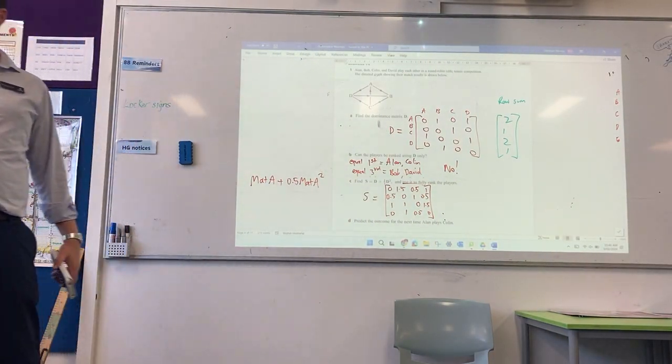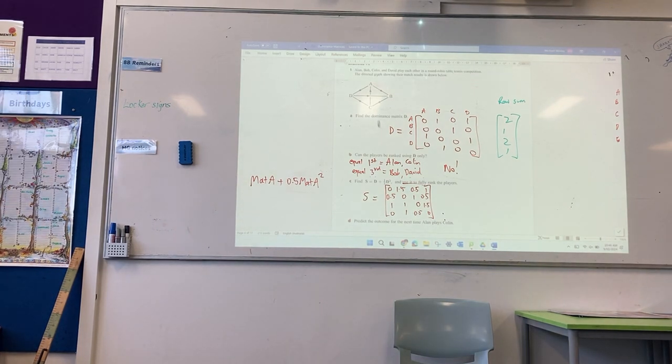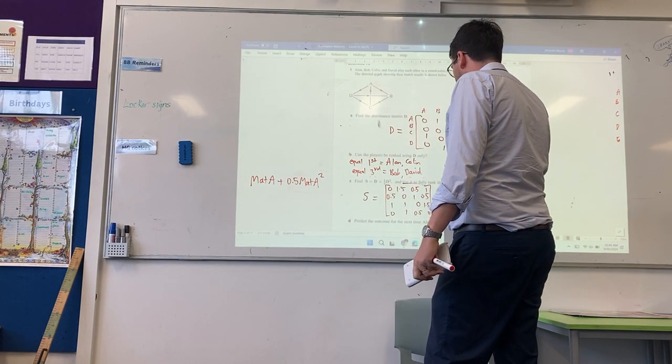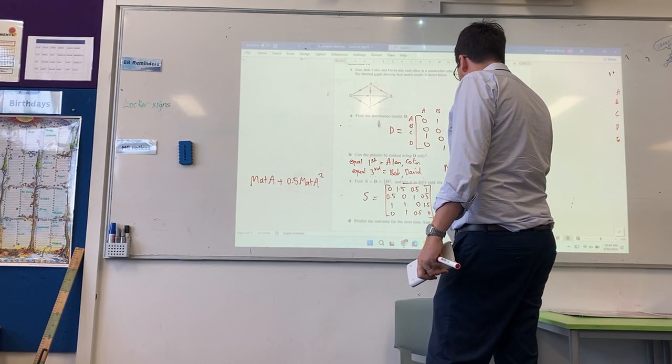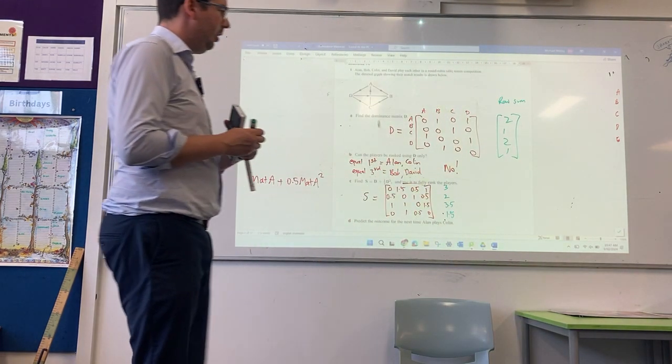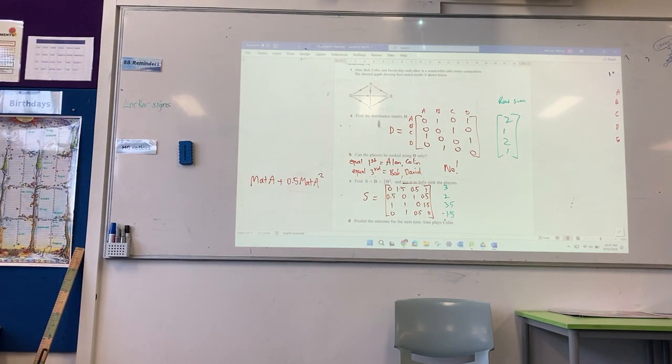Let's pick us up. Owen, what am I going to need to do to rank the players? Add them up. Yep. Add up each row. Happy with my row sum there? I got 3, 2, 3.5, 1.5.